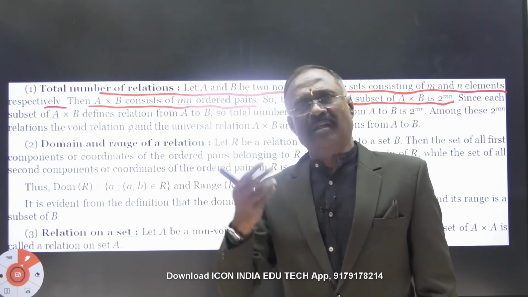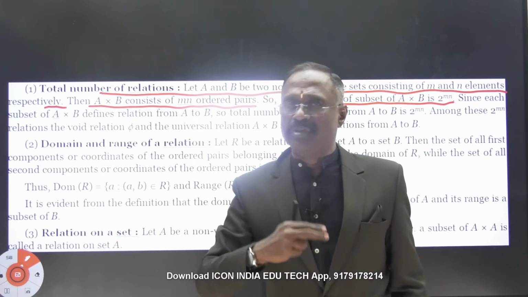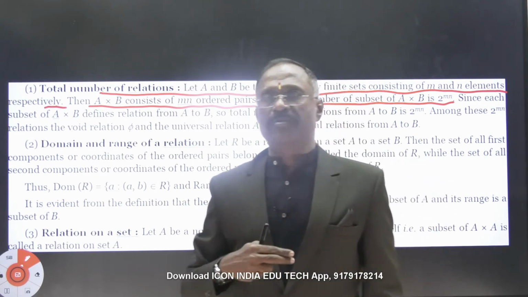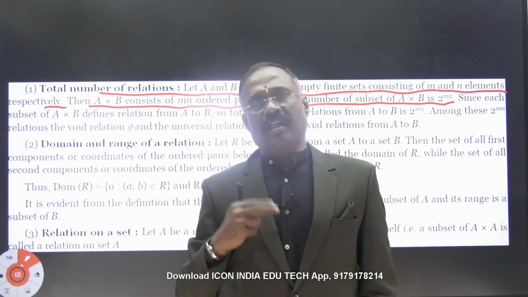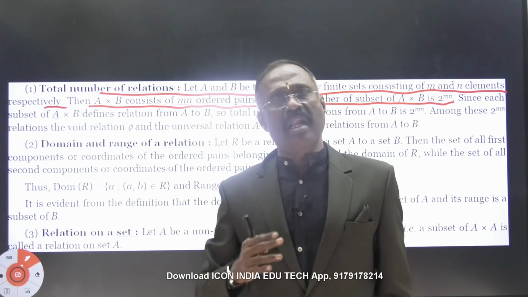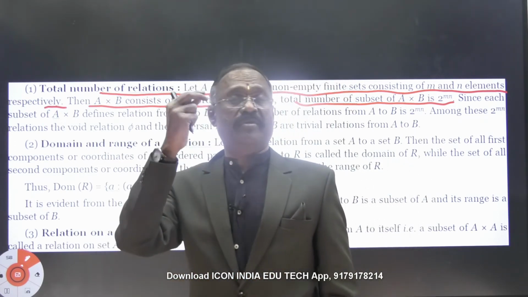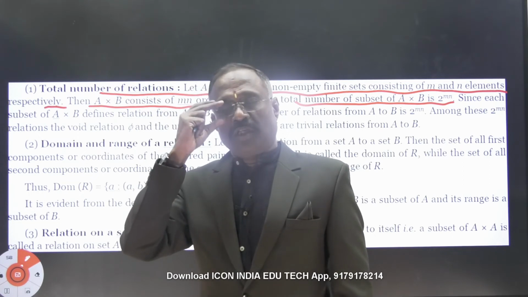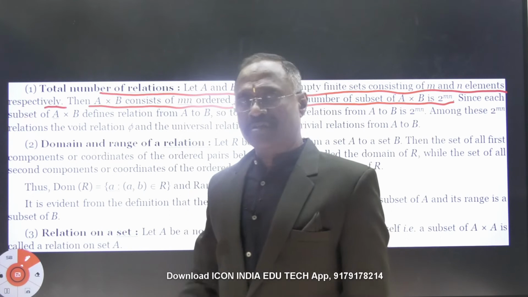We have seen that in sets itself: {1} is one subset, {2} is another subset, {3} is another subset, {1, 2} one subset, {1, 3} one subset, {2, 3} another subset, {1, 2, 3} itself is another subset, and phi, the null set, is another subset. There will be 2 cube subsets. So the power set consists of 2 power the number of elements in the given set.